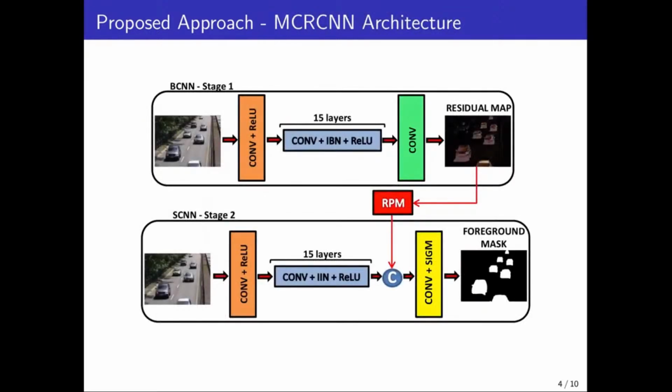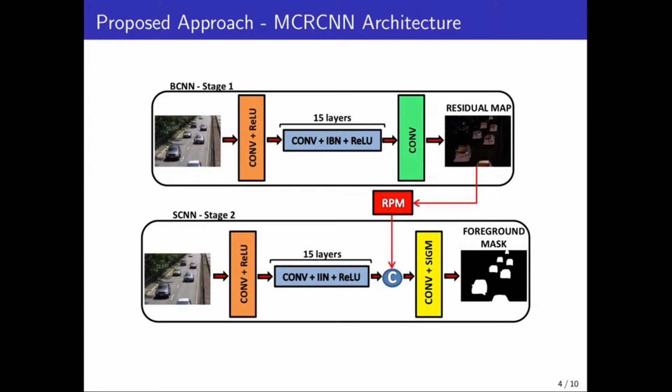Here we have a picture illustrating the network architecture, which consists of two networks: the background convolutional neural network, BCNN, and the segmentation convolutional neural network, SCNN. The BCNN is responsible for generating the so-called residual map that highlights high-frequency regions most related to the segmentation, the foreground ones.